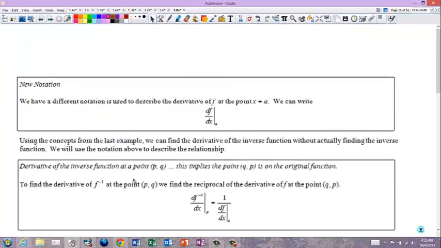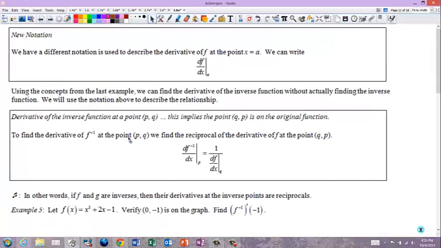So, it says we have a different notation used to describe the derivative of f at the point x equals a. We can write df/dx at a. What all that means is the derivative of f with respect to x at x equals a. It says using the concept from the last example, we can find the derivative of the inverse function without actually finding the inverse function.